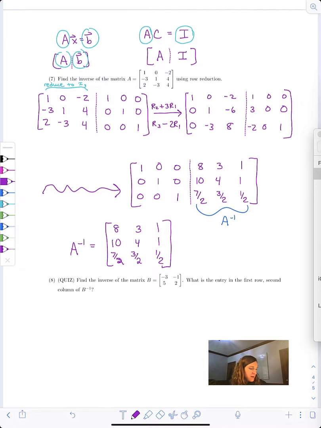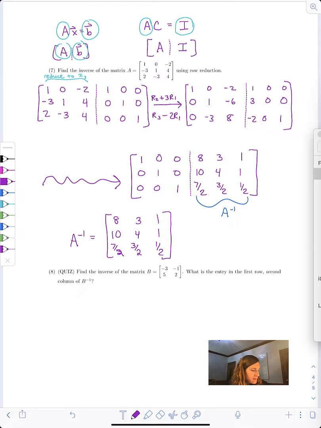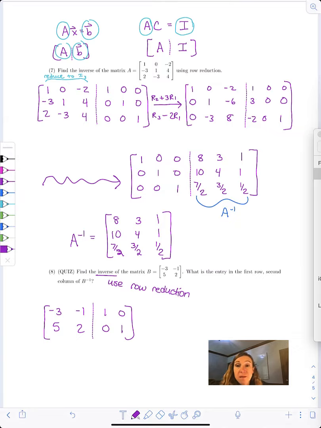Okay, so now I want you to do the same thing. Go ahead and use row reduction. We don't have to do row reduction for 2 by 2 matrices, but do it to make sure that you get the hang of this. And then what's nice is you can actually check your answer using the formula that we did above, or you can check your answer by multiplying the 2 matrices, right?